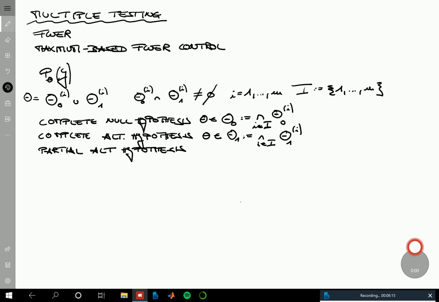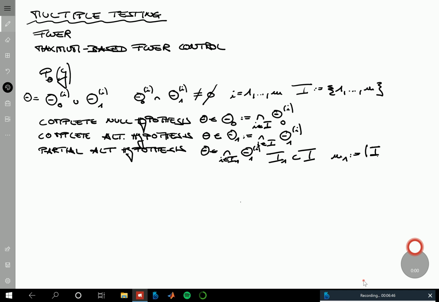The partial alternative hypothesis, where the idea is that theta is an element of the intersection of some of the alternative hypotheses. So theta 1i, where this I1 is a subset of I and contains m1 elements. So these are the m1 voxels for which the alternative hypothesis holds.